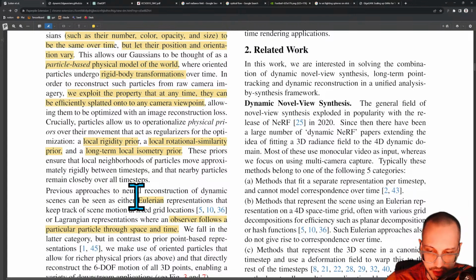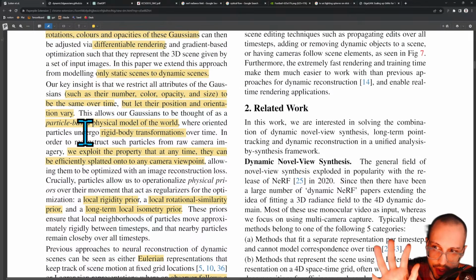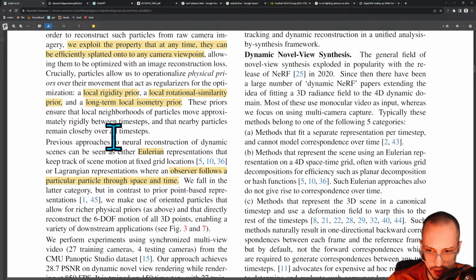Okay, so this is getting a little bit more fancy here, but the idea is that the world can be broken into these particles, and that these particles are actually physical things, and that a particle can't just kind of disappear and then magically appear over here. It has to basically have a trajectory through space-time, right?